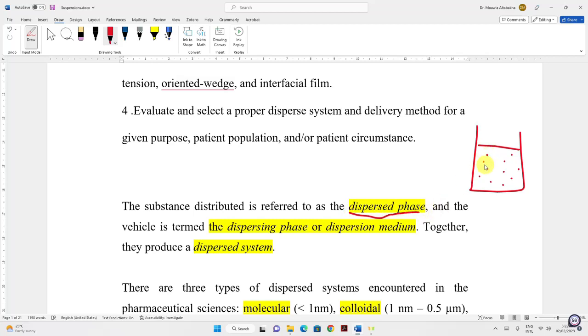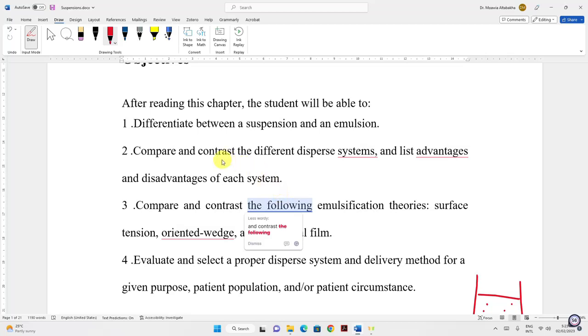And the vehicle in which these particles are dispersed is referred to as the dispersing phase or dispersion medium. The whole thing, the dispersed phase with the dispersing phase, both together form what we call a dispersed system.